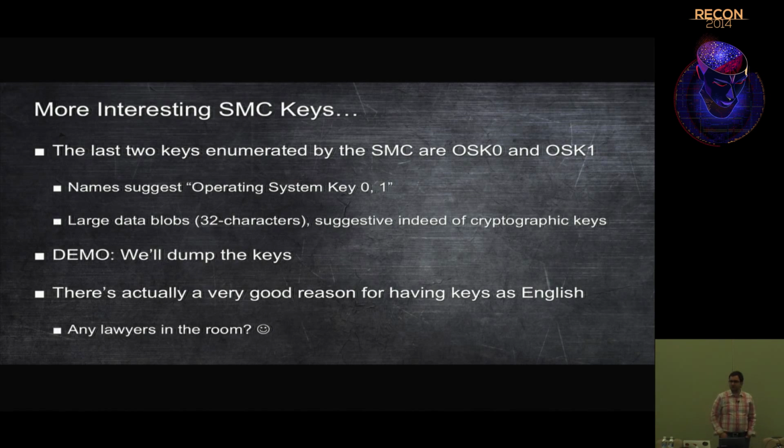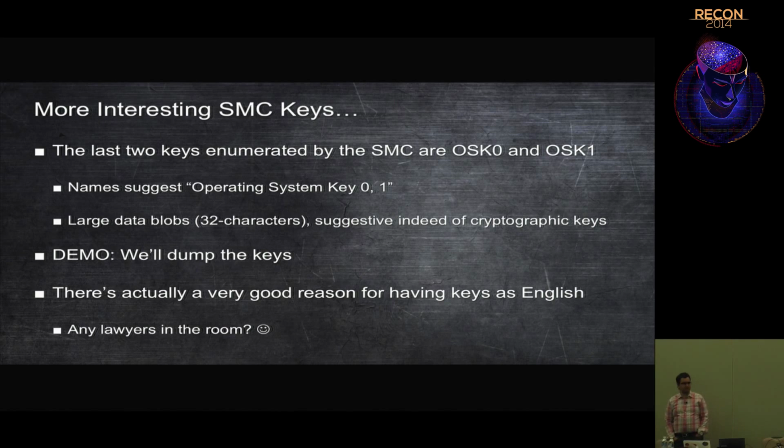Now, there's some more interesting keys in there, two of them which are widely known by the Hackintosh community, which are OSK0 and OSK1. And I'll show you what the keys are, but they're basically two 32-bit cryptographic keys that are used by Apple to prevent booting on non-Mac hardware.